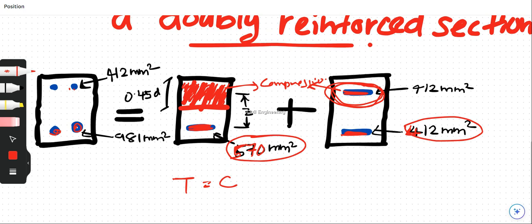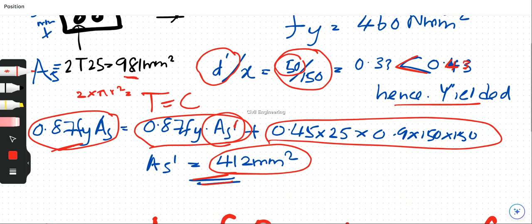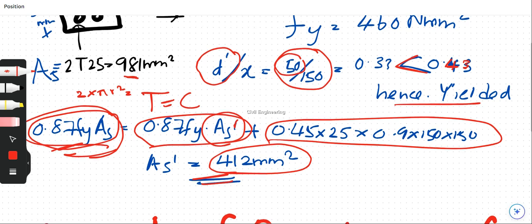Compression force is equal to tensile. Then as we calculated here, we can take the compression force.